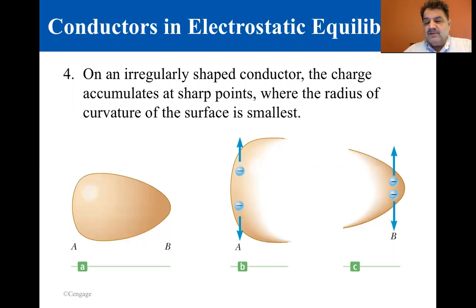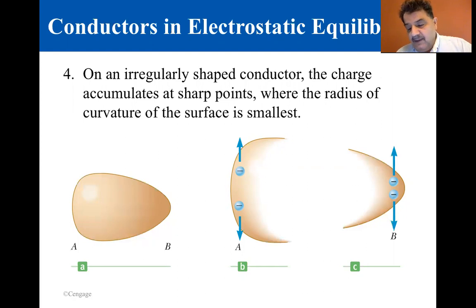The middle figure shows the forces between two charges at the flatter end of the object. These forces are predominantly directed parallel to the surface, so the charges move apart until repulsive forces from other nearby charges establish an equilibrium.